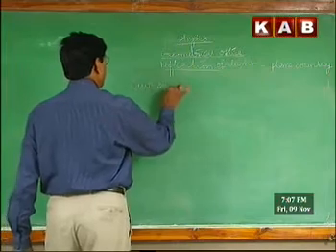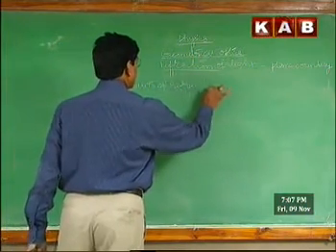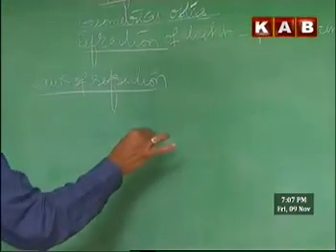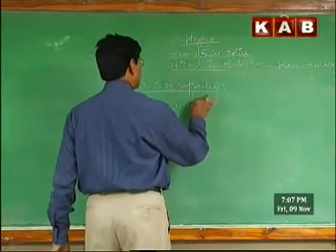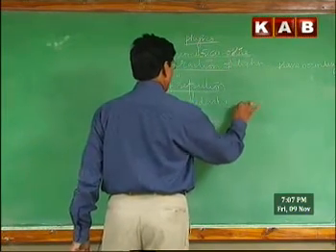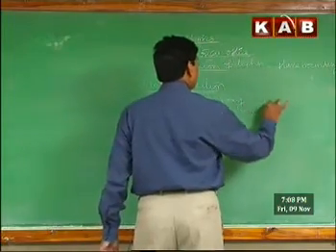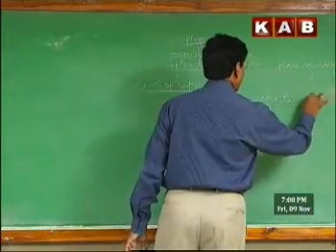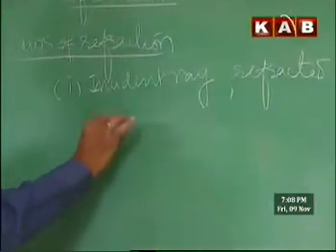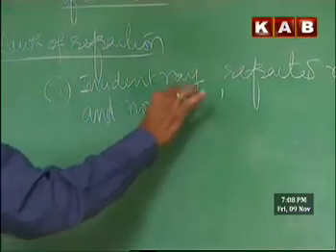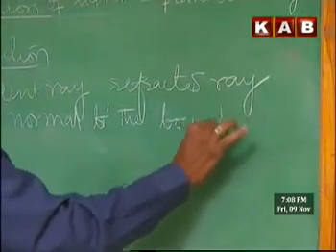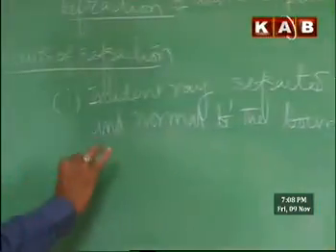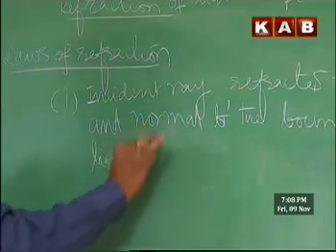What are the laws of refraction? First law: the incident ray, the refracted ray, and the normal to the interface or boundary separating the two transparent media lie in the same plane.